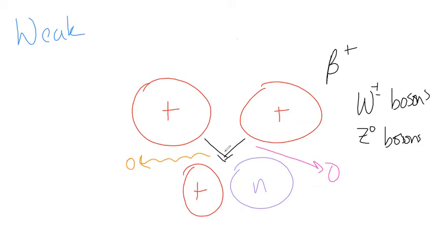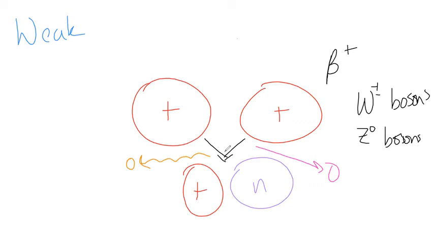With this, instead of just holding onto the same amount of protons and neutrons, we would be getting a new neutron, because we just converted a proton into a neutron itself. So this is what we call the beta plus decay.